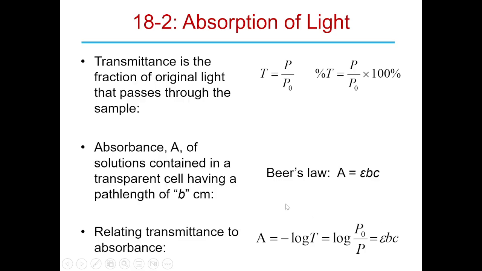Well, this is the relationship right here. Absorbance is just the negative log of the transmittance. And so it would also be the log of P0 over P. You guys got how we got P0 on the top here? A negative before a log flips the stuff inside. Okay.